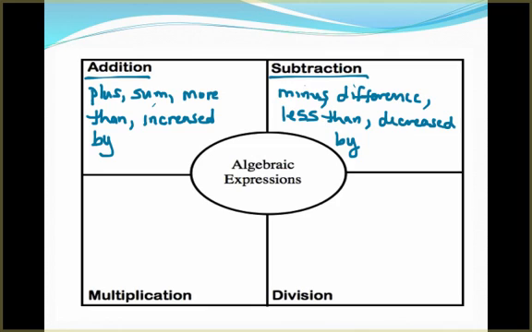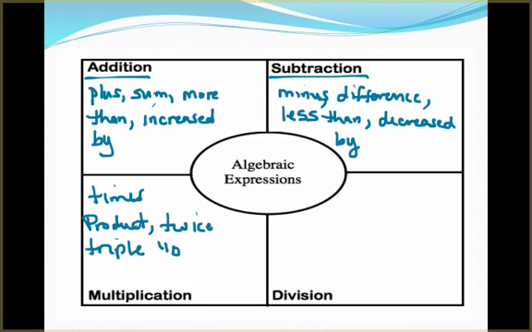Multiplication, some common terms that you see there would be times, product, twice, where we're multiplying by 2, triple. A lot of times if you're reading a word problem and you see the word of, that means to multiply. Not all the time, but that's a common term that we might use for multiplication.